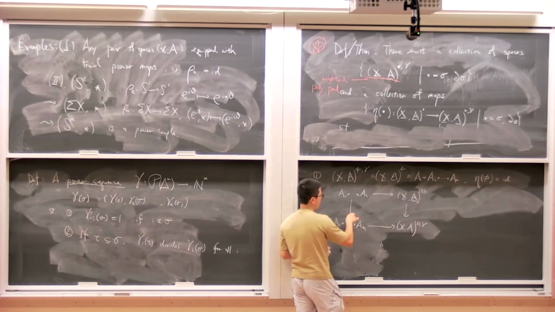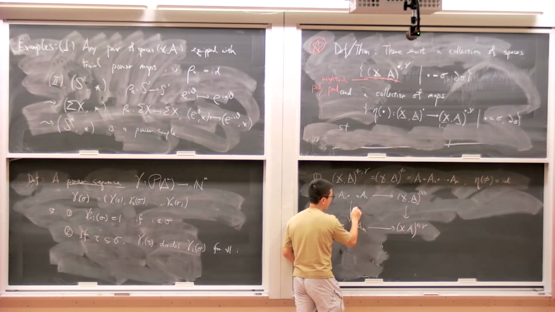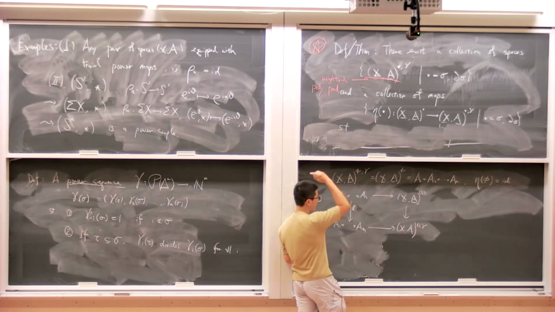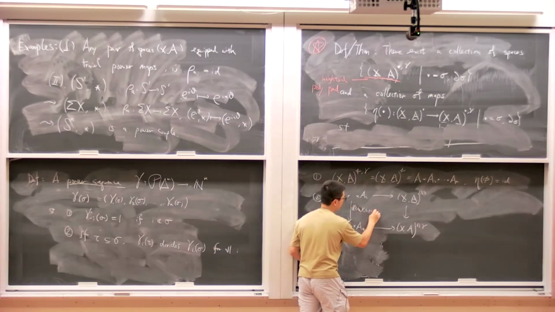For this map, you apply the product of the degree power maps given by the power sequence, gamma 1, 1 times gamma 2, 1, and so on.